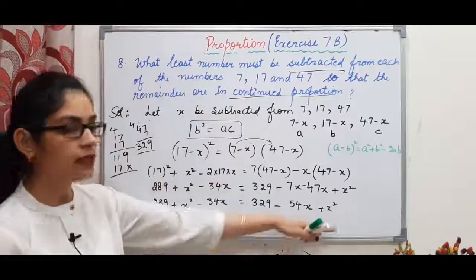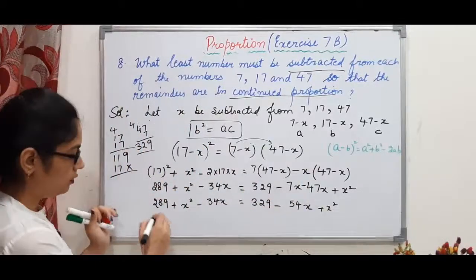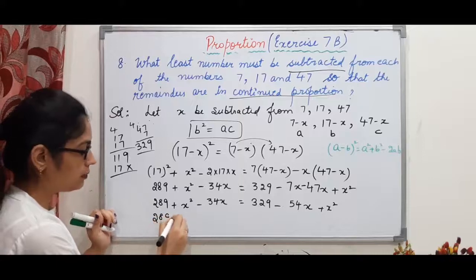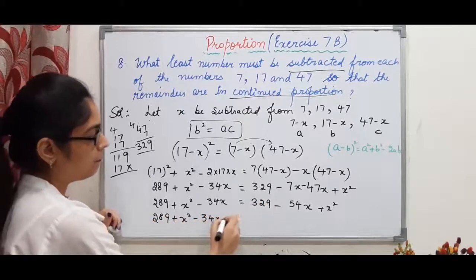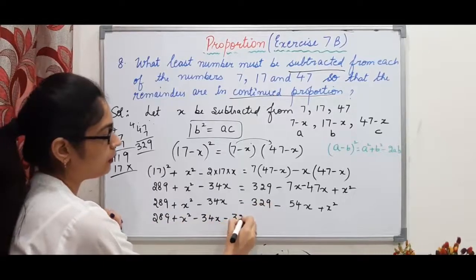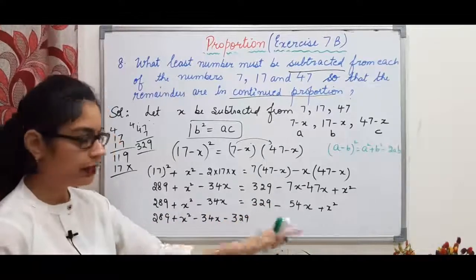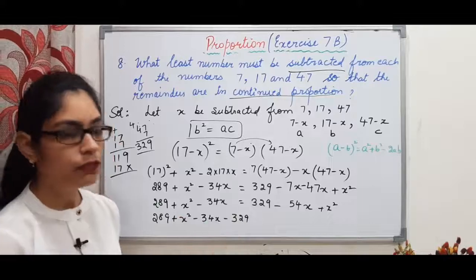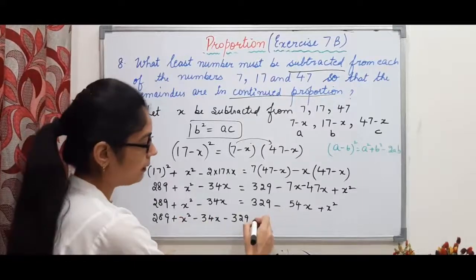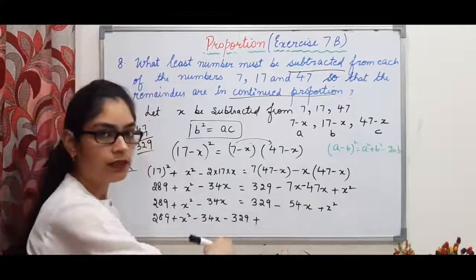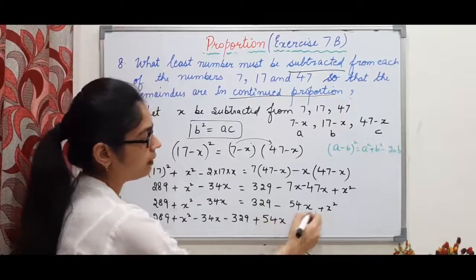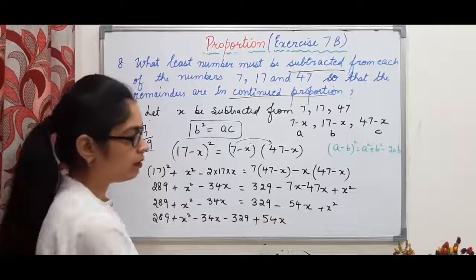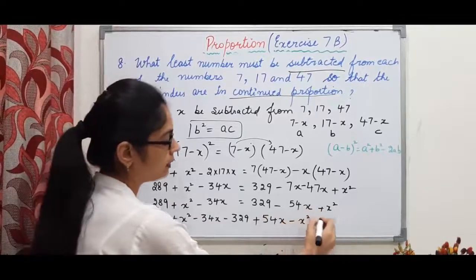Now we will shift these terms also to this side. So 289 as it is plus x square as it is minus 34x as it is, this it will be minus 329. See, plus 329, when we shift to this side it will be changed to minus 329. Minus 54, when I shift to this side it will change to plus 54, and this plus x square, on changing the side it will be changed to minus x square.